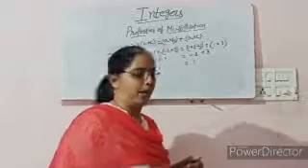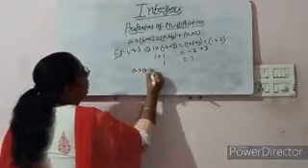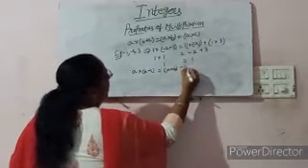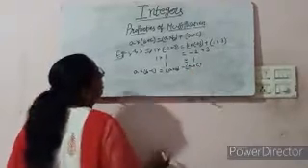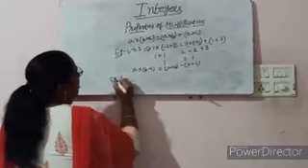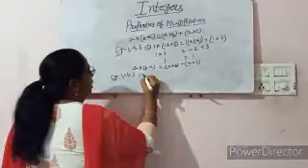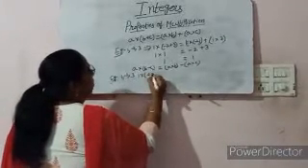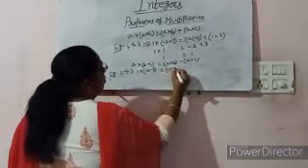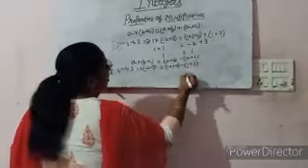Now for subtraction, what is the distributive property over subtraction? a into (b minus c) is equal to a into b minus a into c. Let us take these same three numbers: 1, minus 2 and 3. So 1 into (minus 2 minus 3) should equal 1 into minus 2 minus 1 into 3.